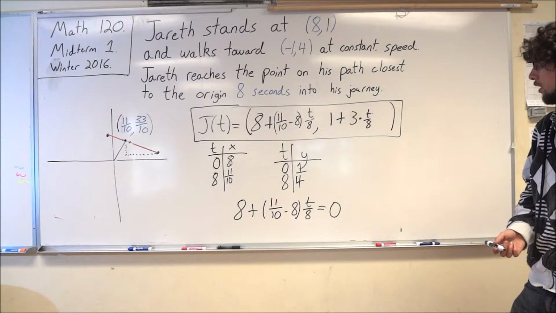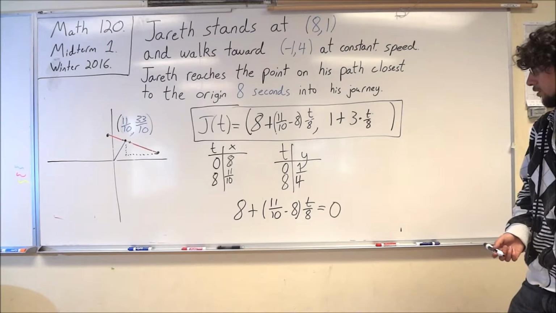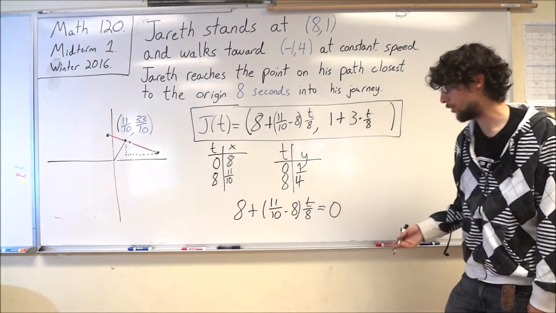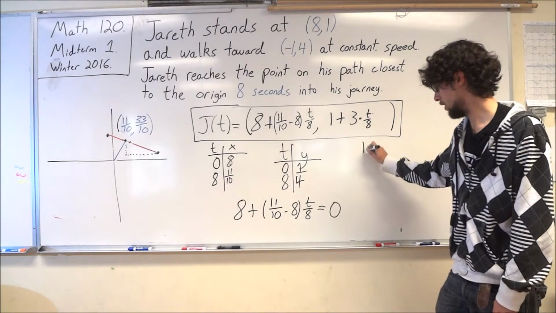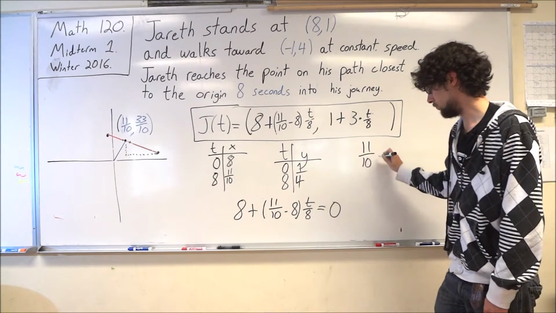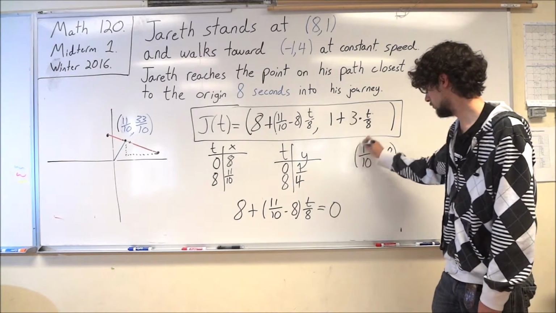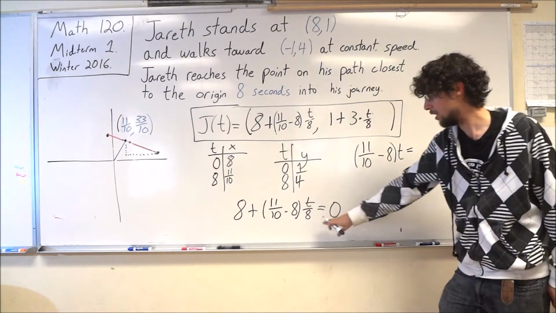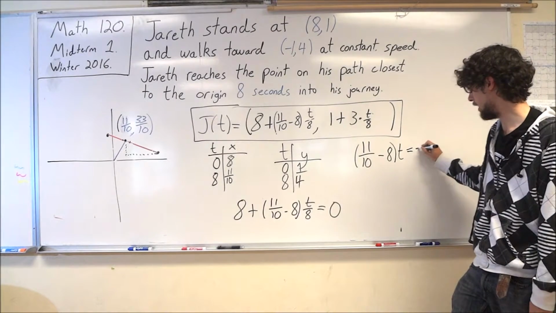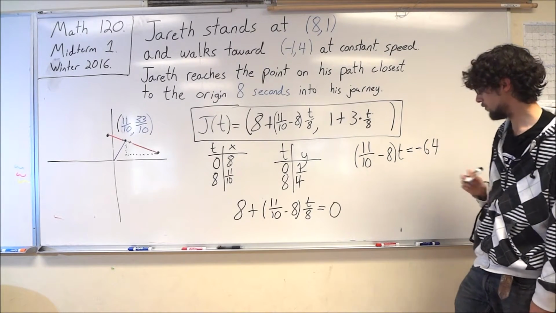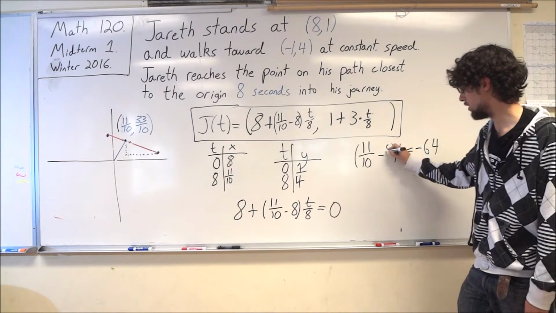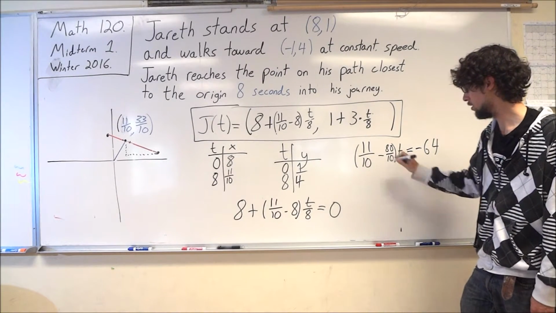I'll subtract 8 from both sides and multiply both sides by 8. So when I subtracted 8, I had negative 8. Then I multiplied by 8, I get negative 64. Maybe it would be easier if I actually wrote this as 80 tenths.